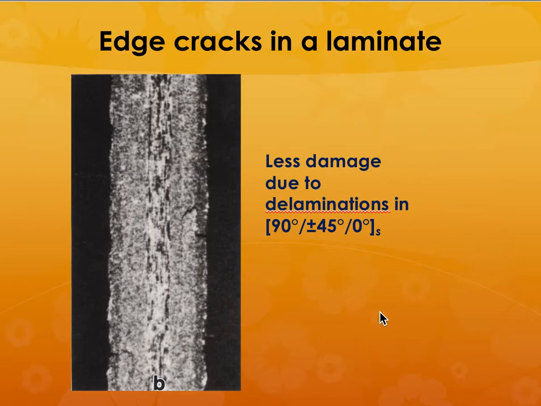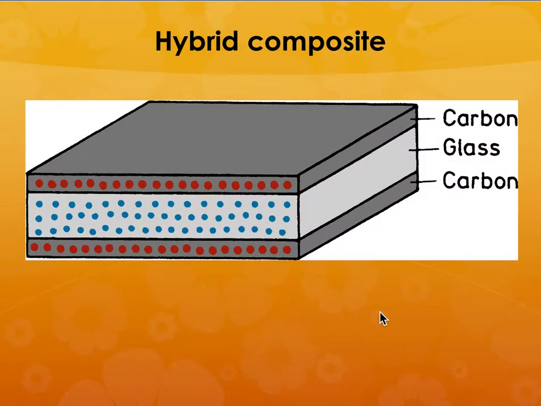But if you change that to 90/plus minus 45/0, there could be less damage due to delaminations, because of the fibers preventing those delaminations due to the way the fibers are oriented.